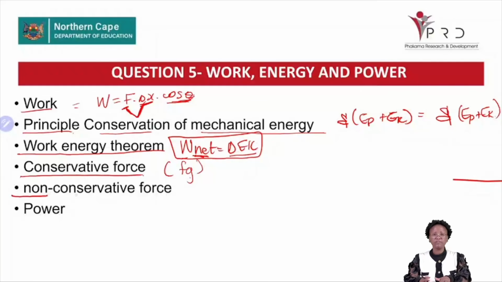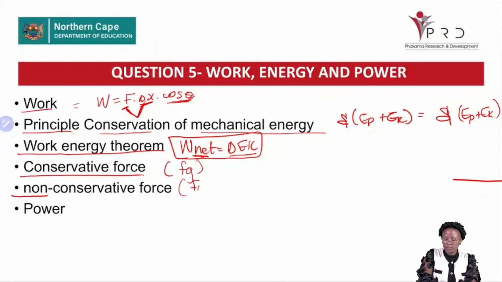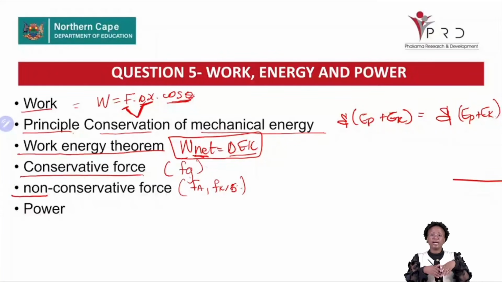When it's conservative, it's independent of the path taken. So if it depends on the path taken, we are looking at force applied, and friction force, whether it's Fk or Fs, it doesn't matter as long as it's friction. There are others, such as tension, that could also be a non-conservative force.